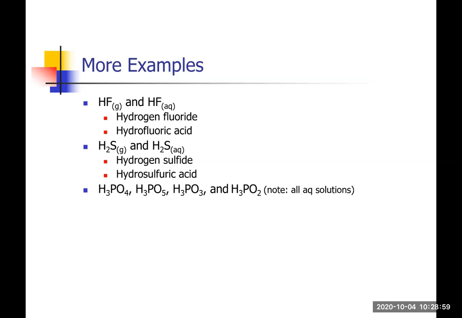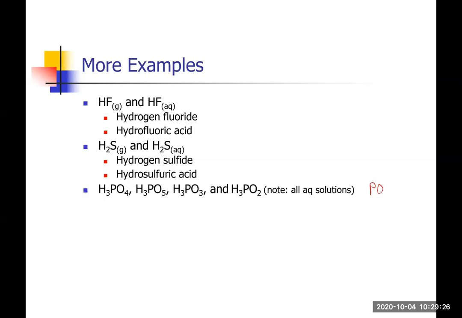Now we have oxyacids, ternary acids, H3PO4, H3PO5, H3PO3, and H3PO2. And there's a note saying these are all aqueous solutions, so we know they're all acids. We want the representative polyatomic ion, so we know which one we start with. We know which one will be converted from an ATE to an IC.